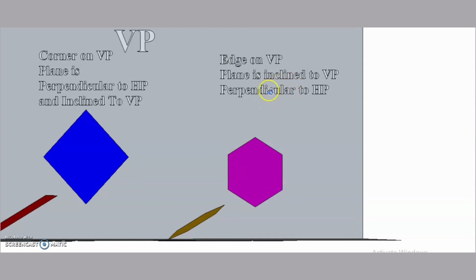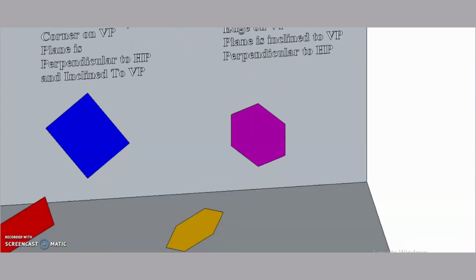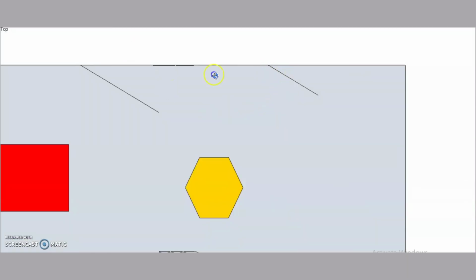This plane is inclined to VP. Means if you observe its top view, we can conclude that this hexagonal plane is inclined to VP and it is perpendicular to the horizontal plane, that is HP.